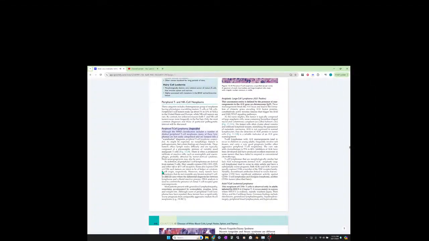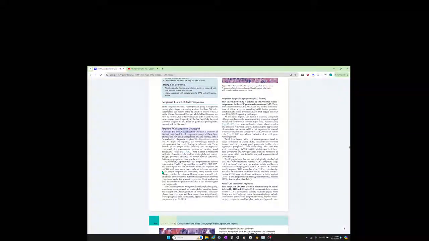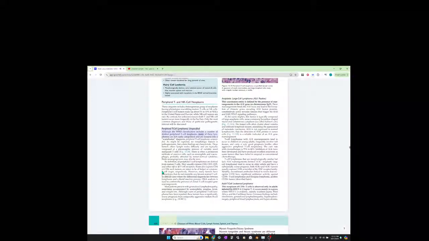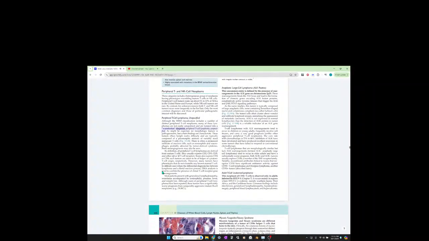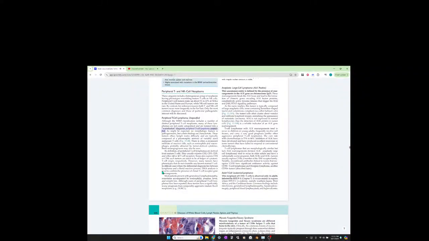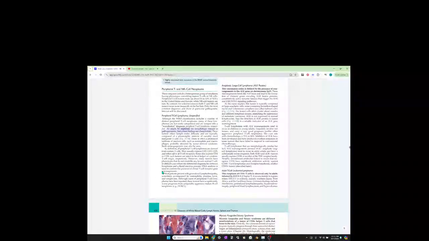Peripheral T-cell lymphoma, unspecified. Although the WHO classification includes a number of distinct peripheral T-cell neoplasms, many of these lymphomas are not easily categorized and are lumped into a wastebasket diagnosis: peripheral T-cell lymphoma, unspecified. As might be expected, no morphologic feature is pathognomonic, but certain findings are characteristic.